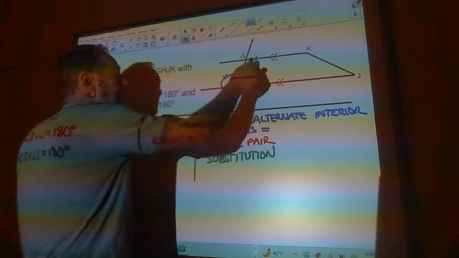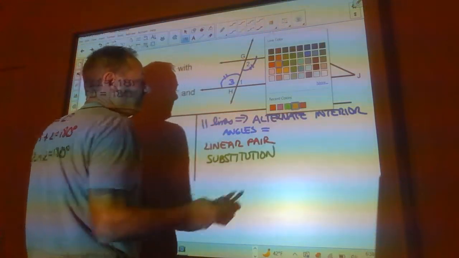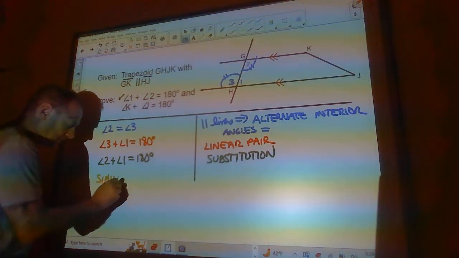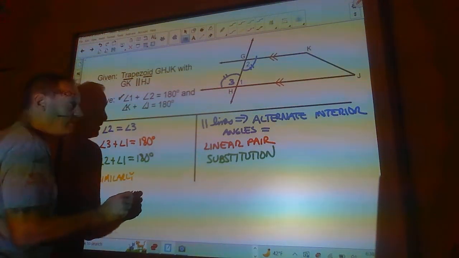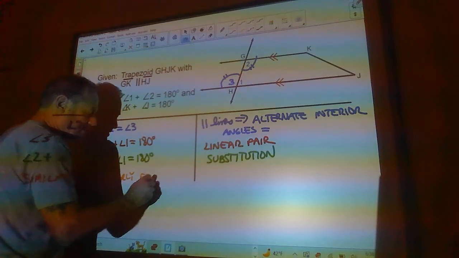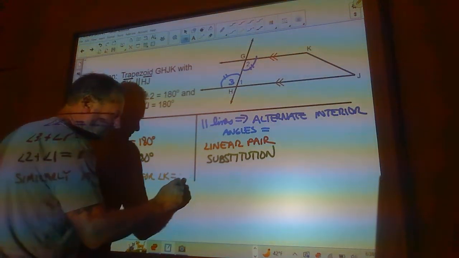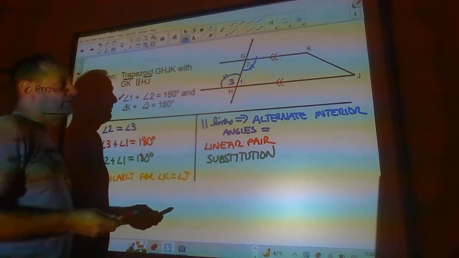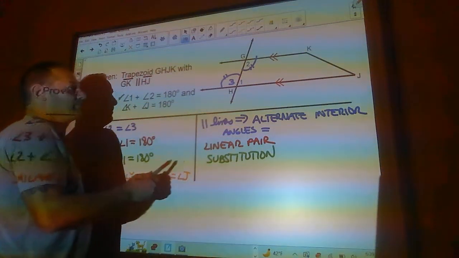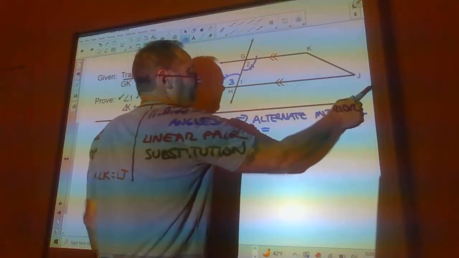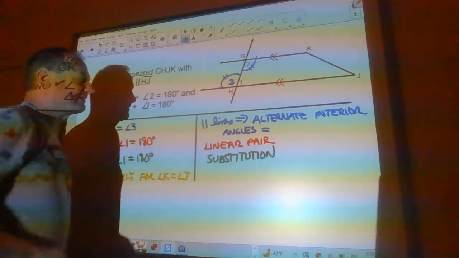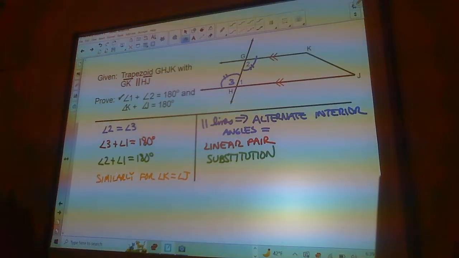Now what we can say, so we don't have to do this all over again, is we can say similarly for angle K and angle J. What that means is we could do this exact same thing by just extending this side over here like we did this one, and do the exact same proof on the other side.